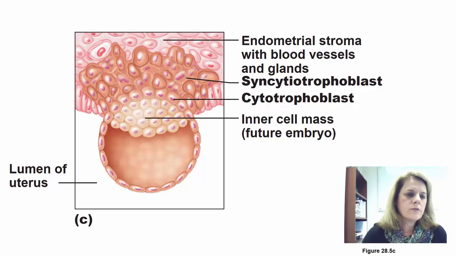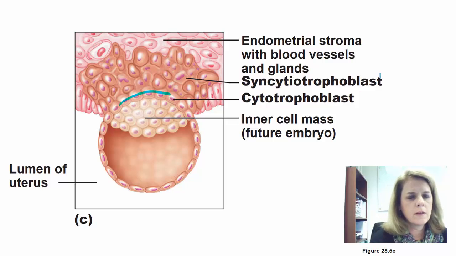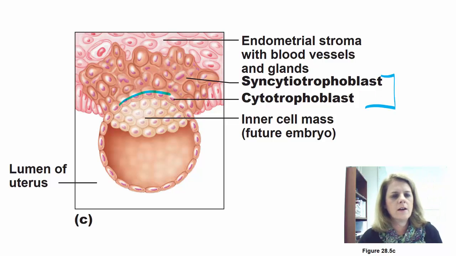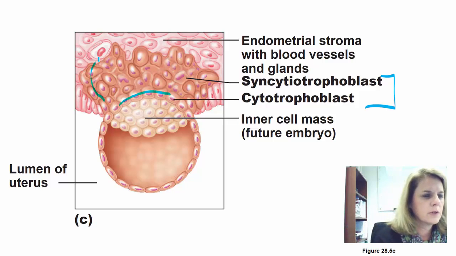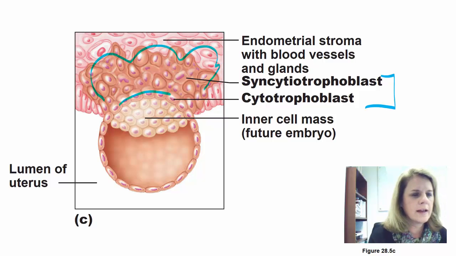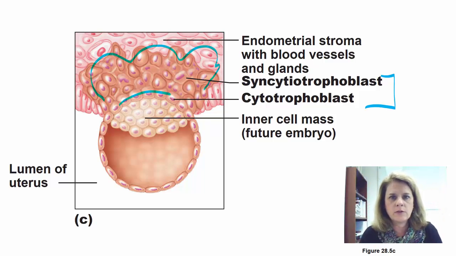So now those trophoblastic cells that have adhered start to differentiate, and they become these two cells. What these basically do is eat away into the uterine lining and proliferate into the endometrial lining, and they clear space for this blastocyst to enter in and then be surrounded by the endometrial tissue.